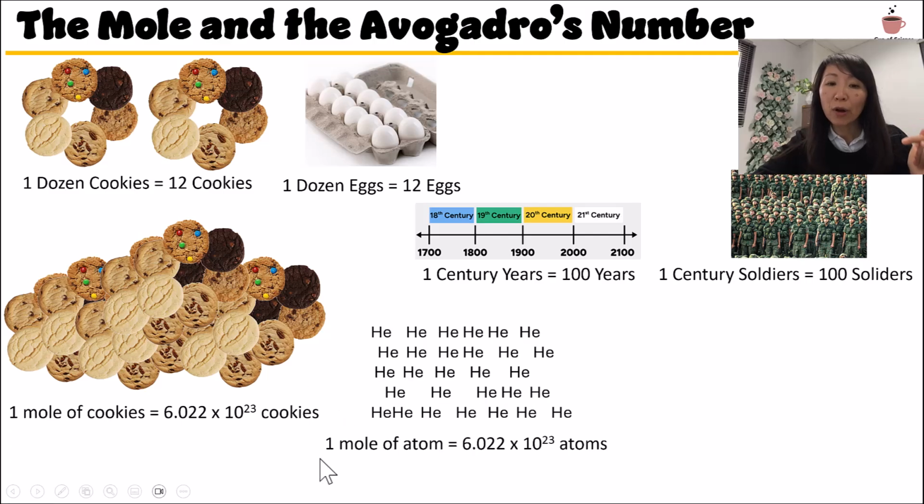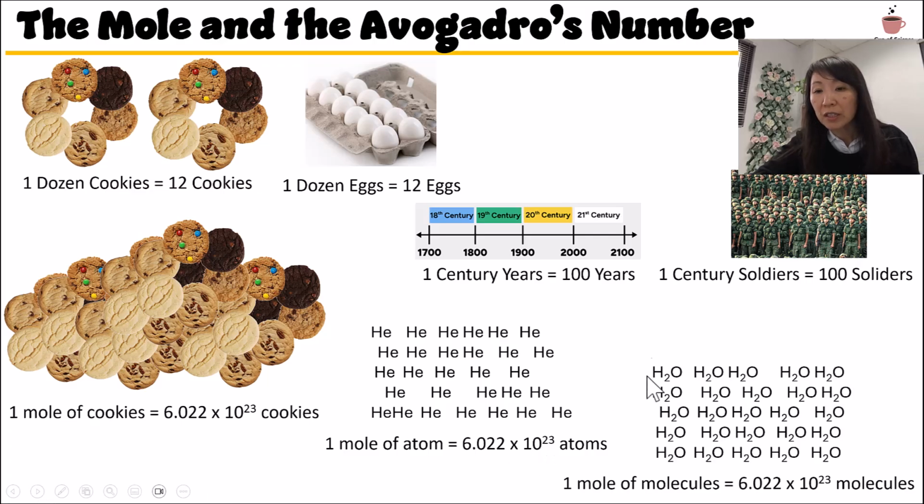So if I have 1 mole of helium atoms, I'm talking about 6.022 times 10 to the 23 helium atoms. What about molecules? If I have 1 mole of water molecules, then I'm talking about this many, 6.022 times 10 to the 23 water molecules.